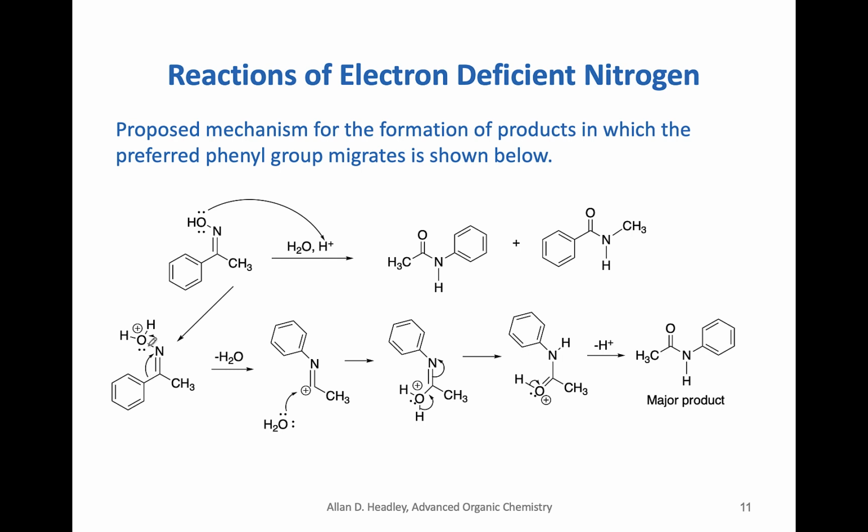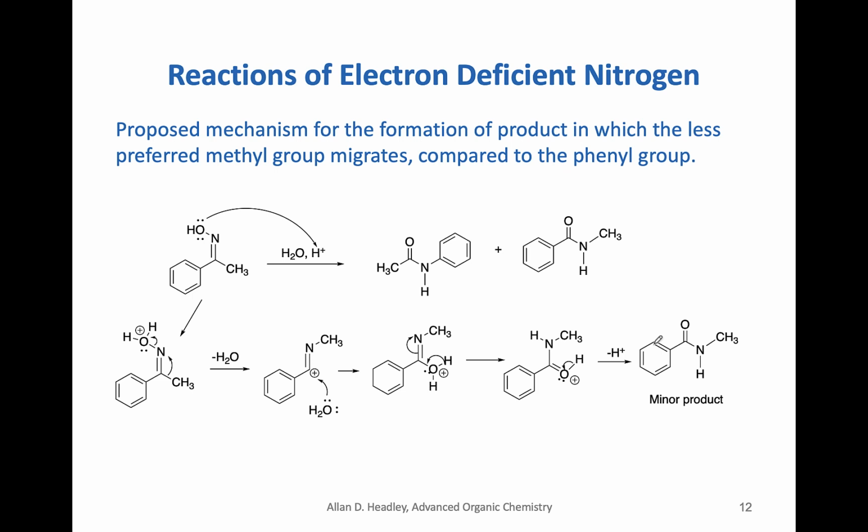This migrates over to the electron deficient nitrogen here, and of course loss of water to get this intermediate, and of course not stable, so water attacks here, and we have the reaction continuing in a fast step to give this as the major product for the phenyl migrating to the nitrogen. The phenyl here is this phenyl that migrates to the nitrogen, and here's my nitrogen.